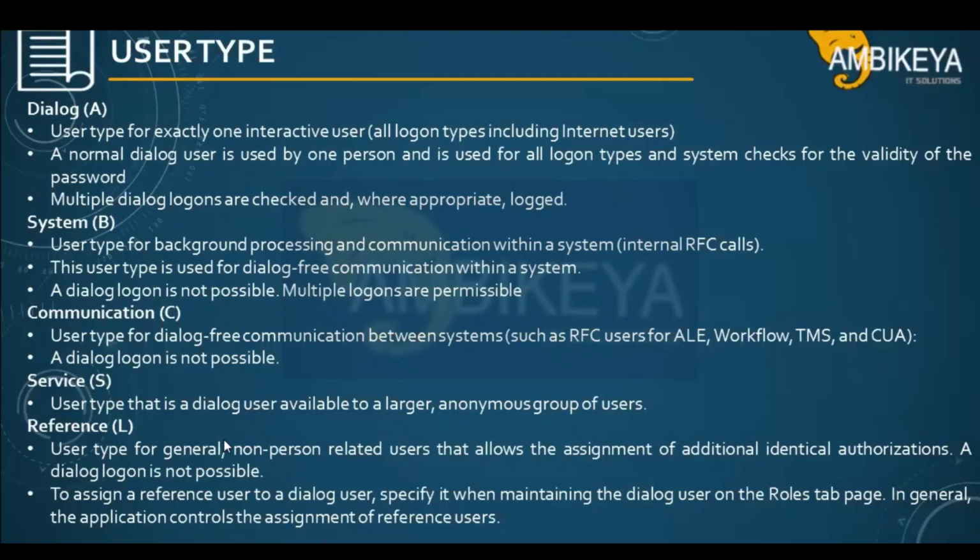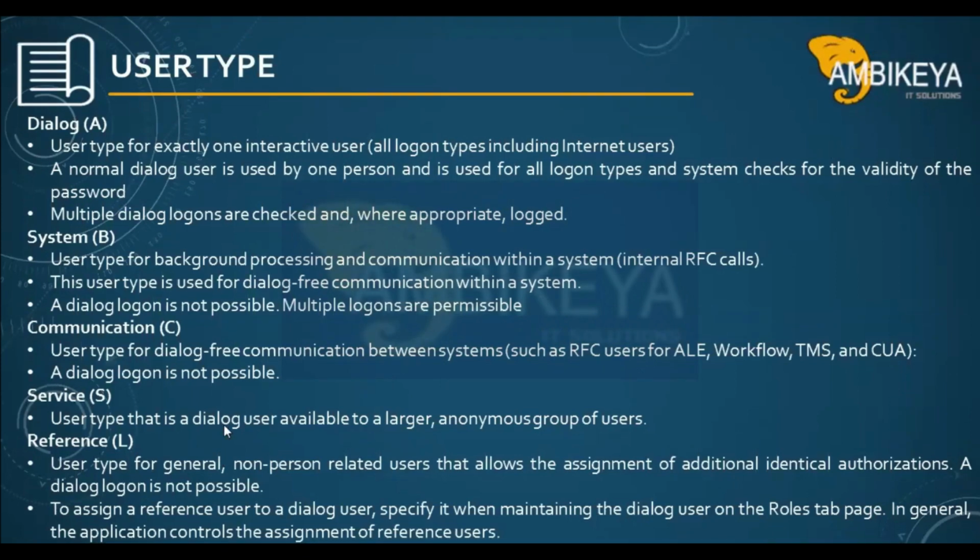The system user is used for background processing, so for that we need to set the user type as system. Whatever password you set at the time of user creation will be the permanent password until you set the next one.